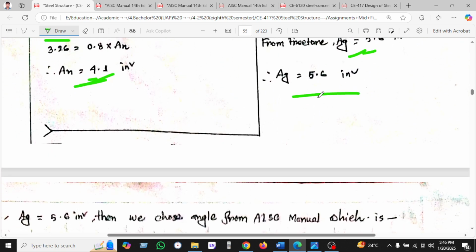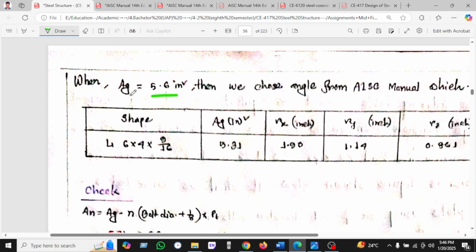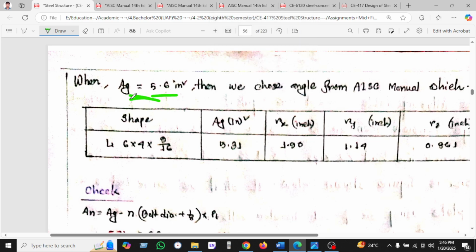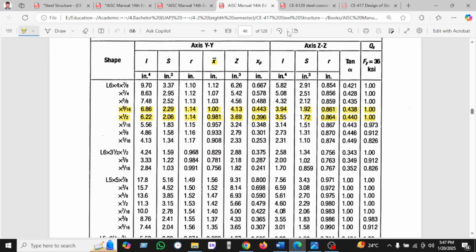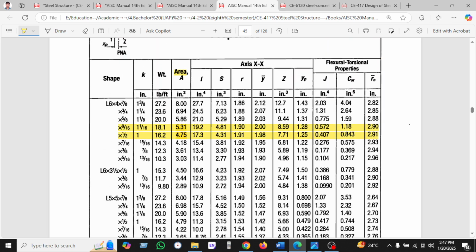Now we go to the AISC manual, for sections which are greater than 5.6. So Ag we have is 5.6, and we must remember to select a section greater than 5.6. Here we have seen 5.31, with L6 by 4 by 9/16.